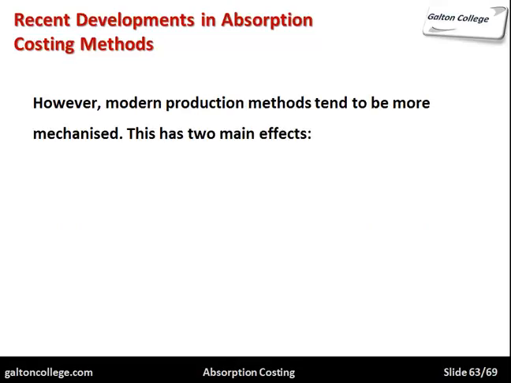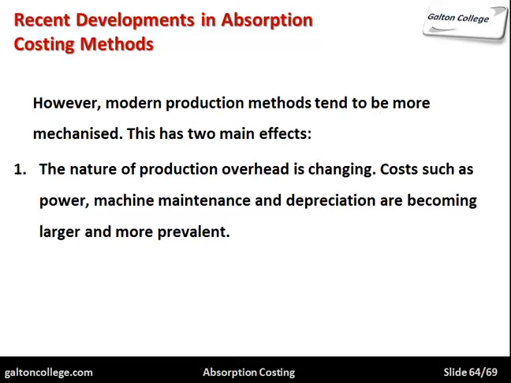Modern production methods tend to be more mechanized. This has two effects. The nature of production overhead is changing. Costs such as power, machine maintenance and depreciation are becoming larger and more prevalent.